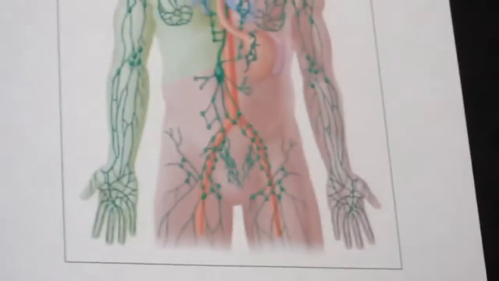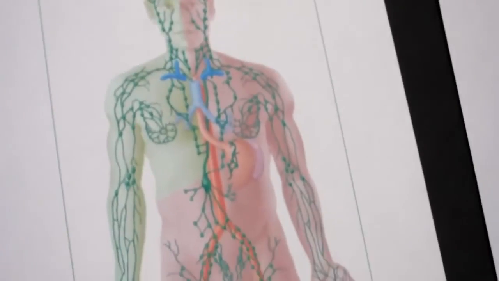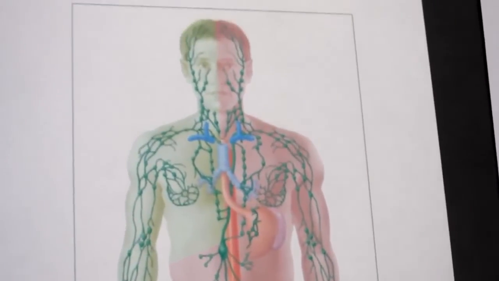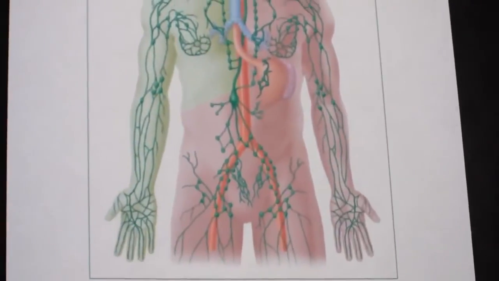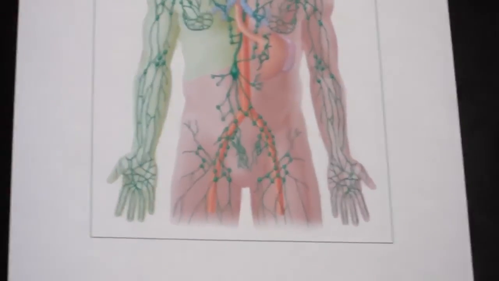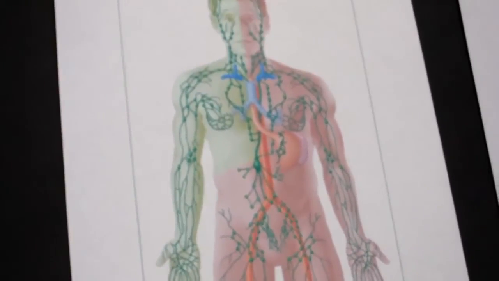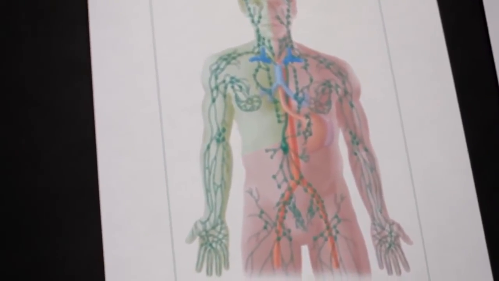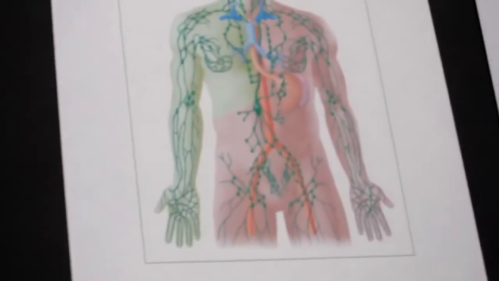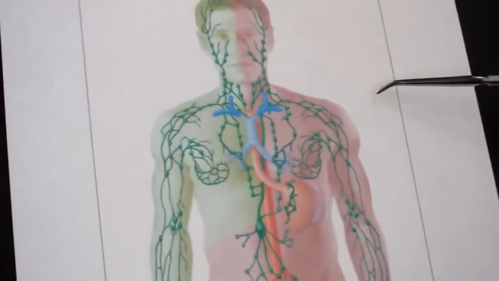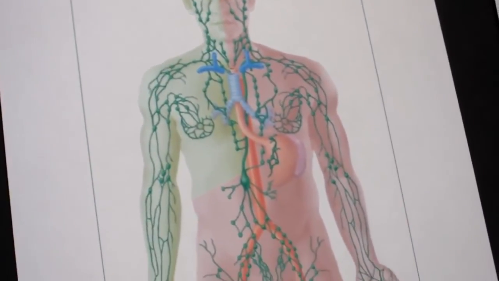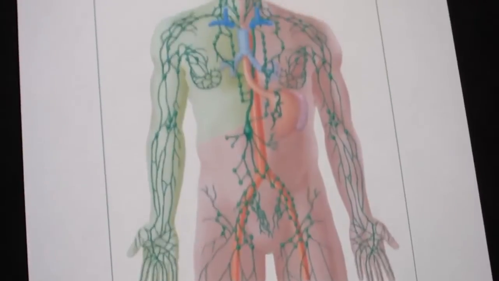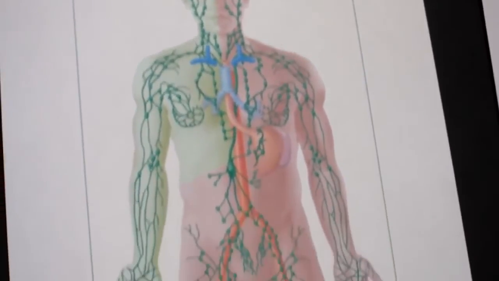Now where are we going to find these cells after they form their receptor? They're going to leave the primary lymphoid organs, the red bone marrow and the thymus, and move out to secondary lymphoid organs. One example of a secondary lymphoid organ is a lymph node. This illustration shows you where most of the lymph nodes are concentrated in the body. You can see that there are some major groups.